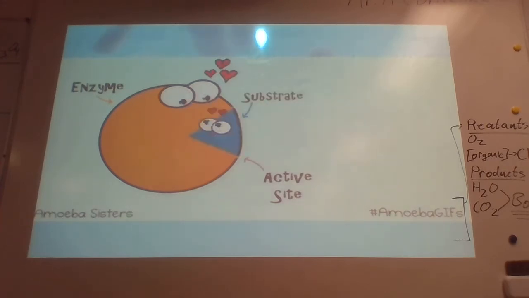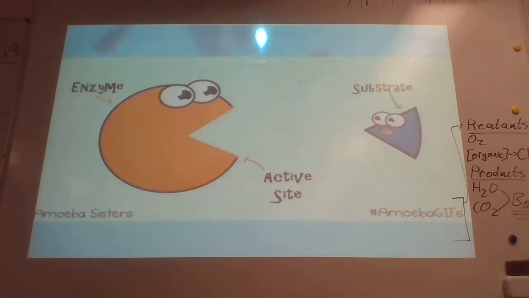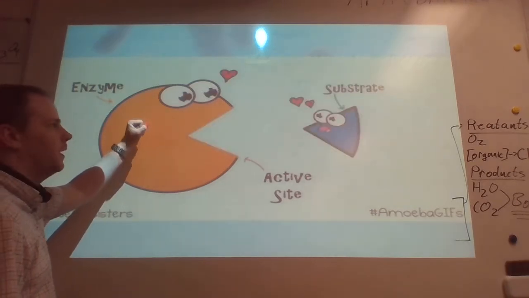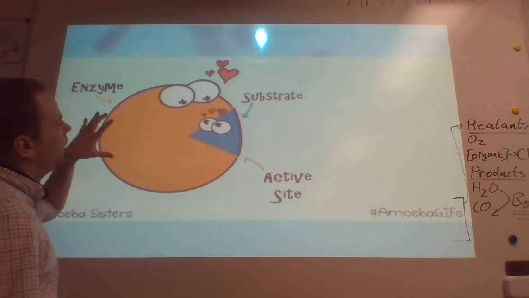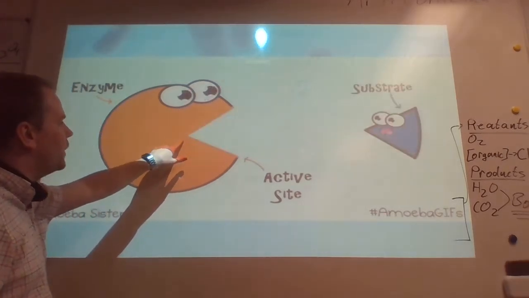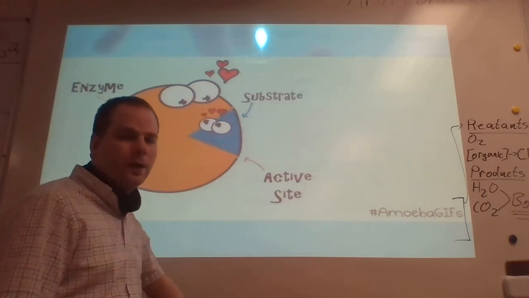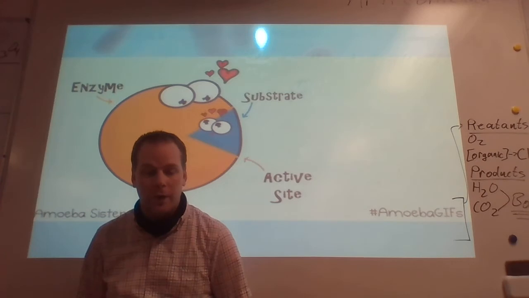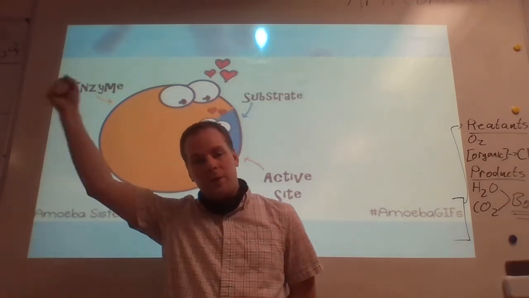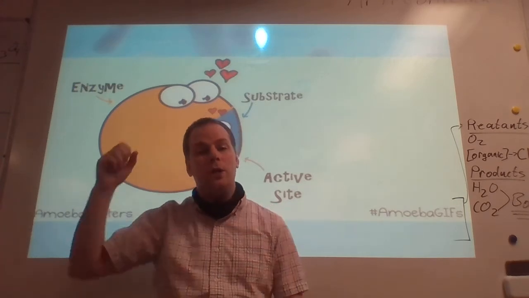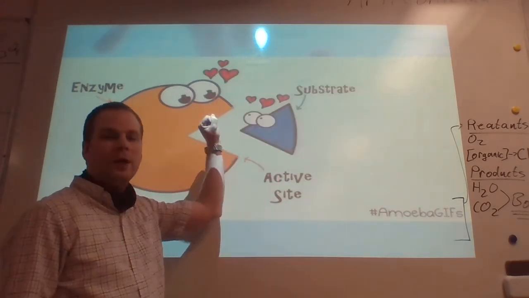All right, so this is a little graphic kind of explaining what's going on. And we're using the Pac-Man example from the video for this, obviously. So an enzyme has a specific shape on its outside for where it can bond to some substrate. So, for example, if this was lactase, it has a shape designed so that only lactose can bond here.